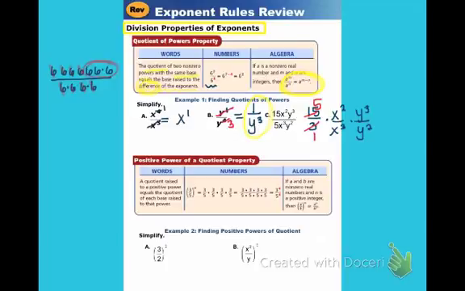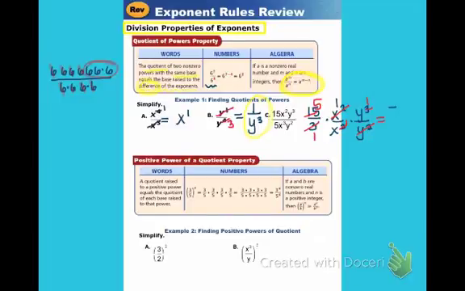With the variables x, if I cancel 2 of the x's on the top, there's only 1 left on the bottom. And if I cancel the 2 y's on the bottom, that's going to leave me with 1 y on the top. And so that final answer would look like this. On the top I have a 5. Here there was just a 1 left when I canceled out the 2 x's.